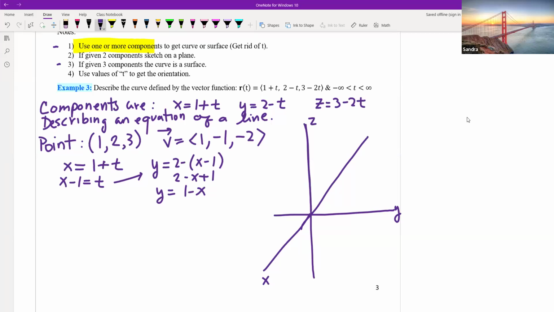Okay, and so this would be a line. This is an equation of a line. I can actually use those 2 components to draw it. I can select a few points and draw it. So for example, if x is 0, y will be 1.